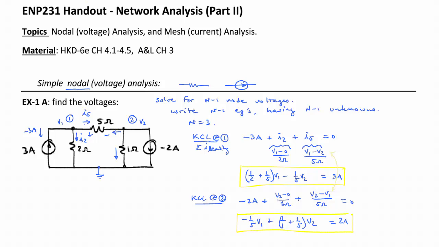Now we just have to run some math. I'm not even going to do the algebra here. This is equation number 1, and we have equation 2. So we have 2 equations, and we have 2 unknowns, V1 and V2, and you just use some algebra to solve those.